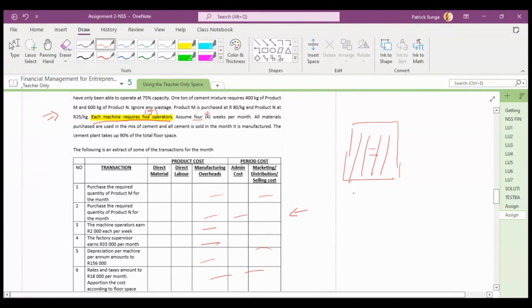All right, and I would like you to write the calculation, how you arrived at that particular solution.